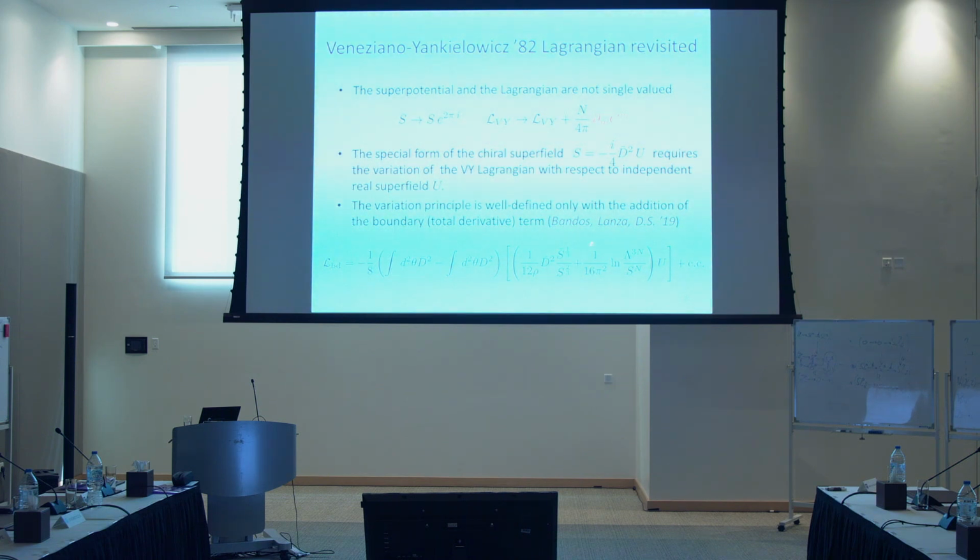But what happens is that if we take the same rotation of S in the boundary term, then the shift of the Veneziano-Yankelovich Lagrangian gets completely cancelled by the shift of the boundary term here.